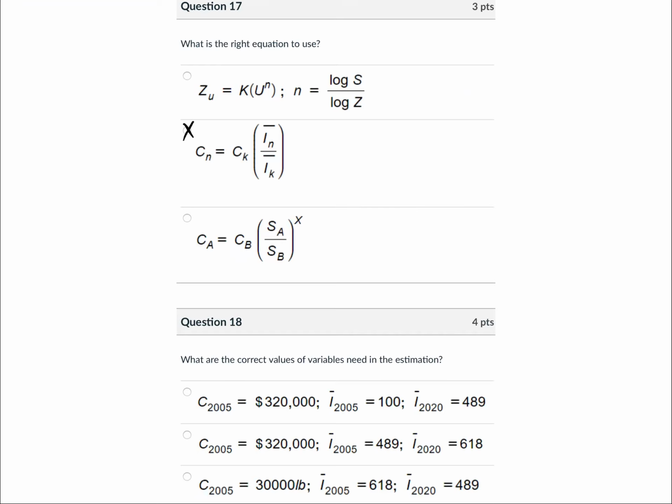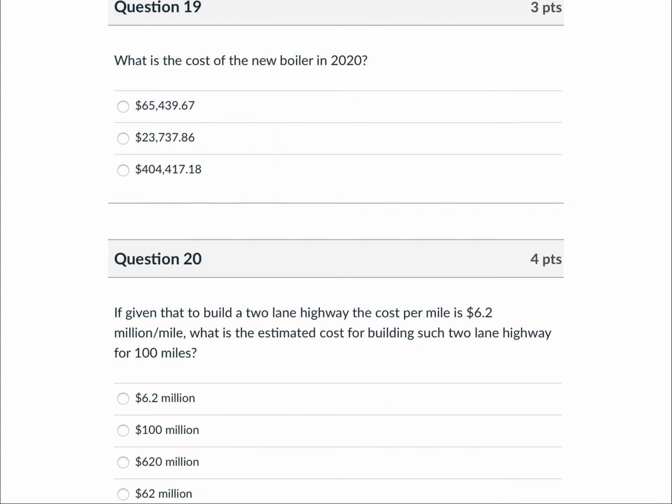The cost for 2005 is 320,000. And you also want to know the I bar of 2005, which is 489. So this is going to be your correct answer. And of course, the I bar in 2020 is 618. That's given. So now, what is the cost of the new boiler?